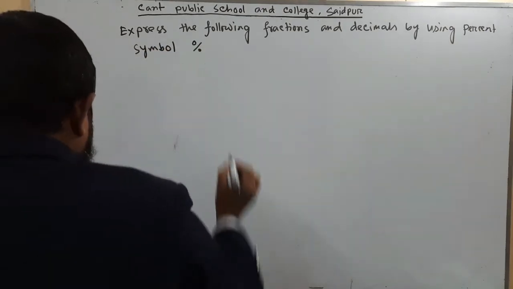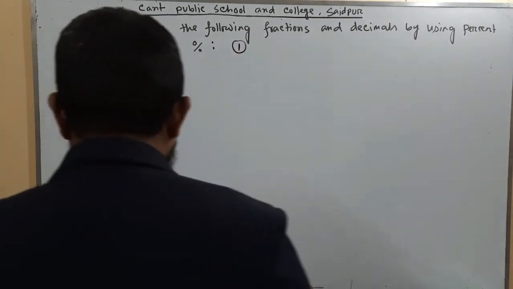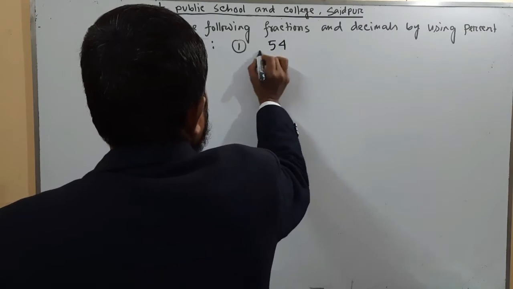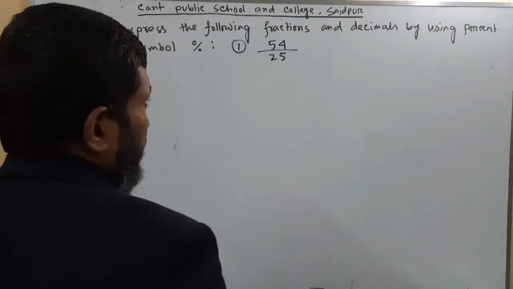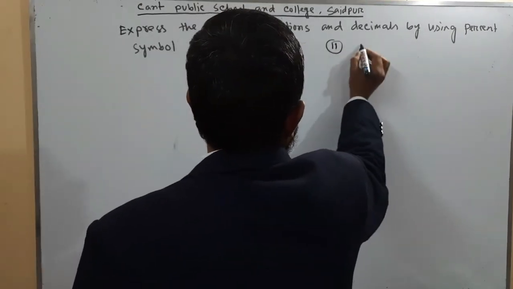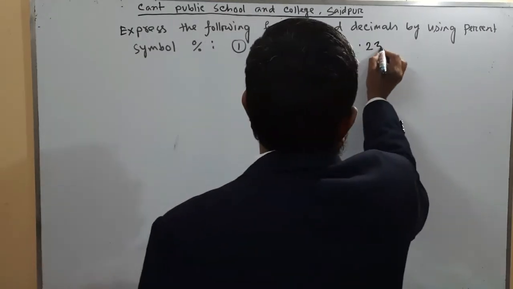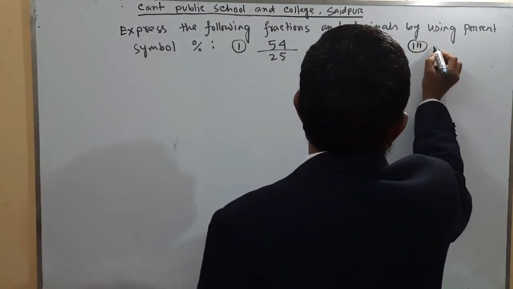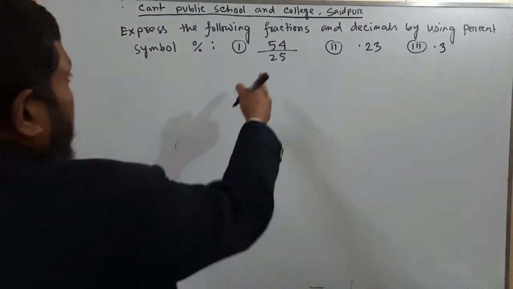This percent symbol. 4 by 25, this is a simple fraction. Another one, 0.23, 0.3. First, I am expressing this.